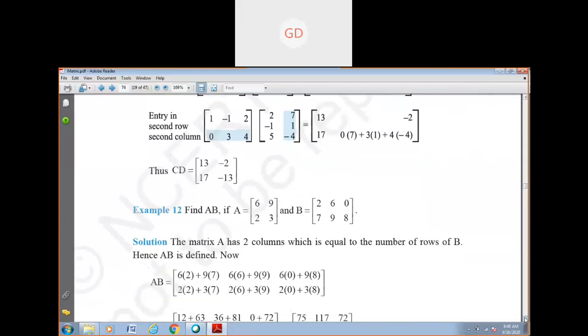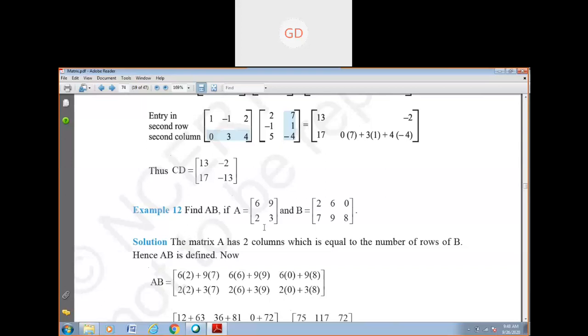Now to simplify these steps, we can reduce them, because directly we can write multiplying first row into first column, first row into second column, second row into first column, second row into second column, and so on. We can cut short actually.